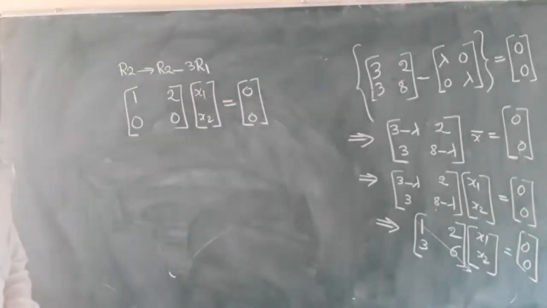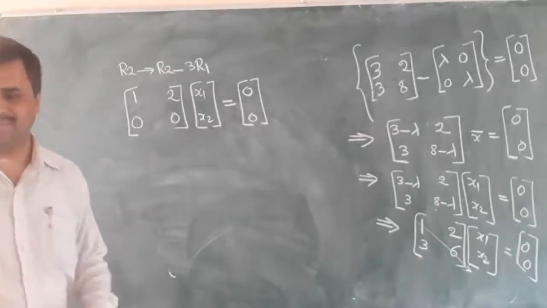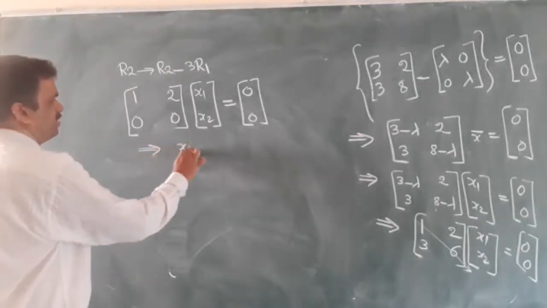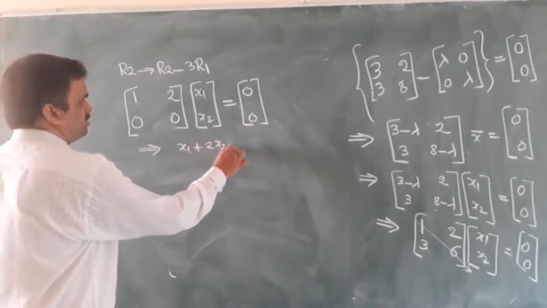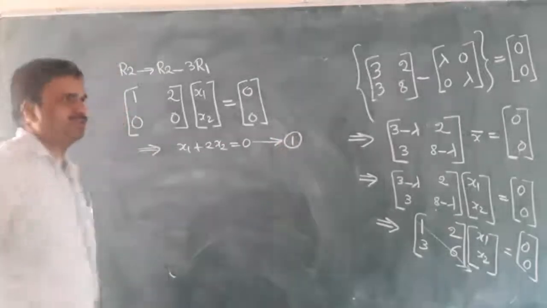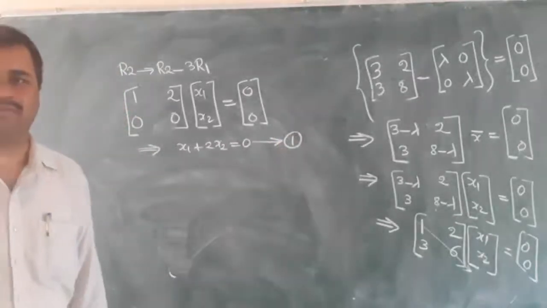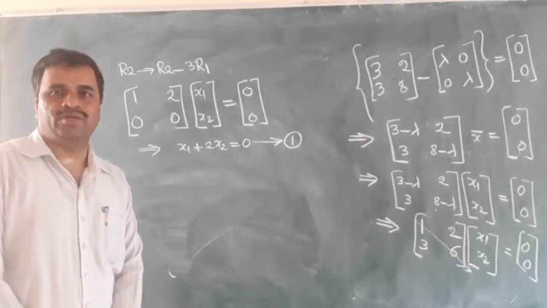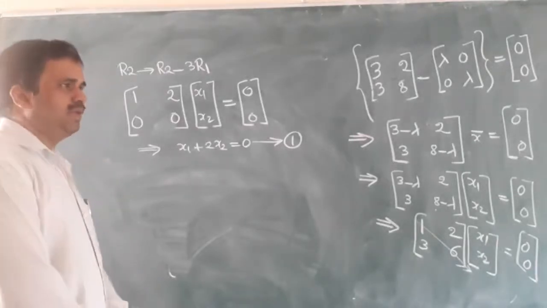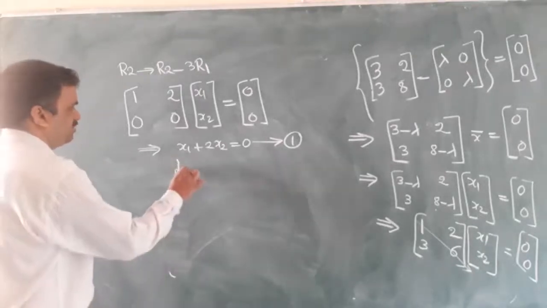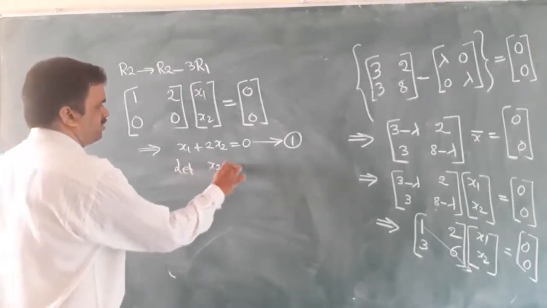So now I will write the equations. The equation is x1 plus 2x2 is equal to 0. We have only one equation of two variables. So obviously let one of the variables be k.